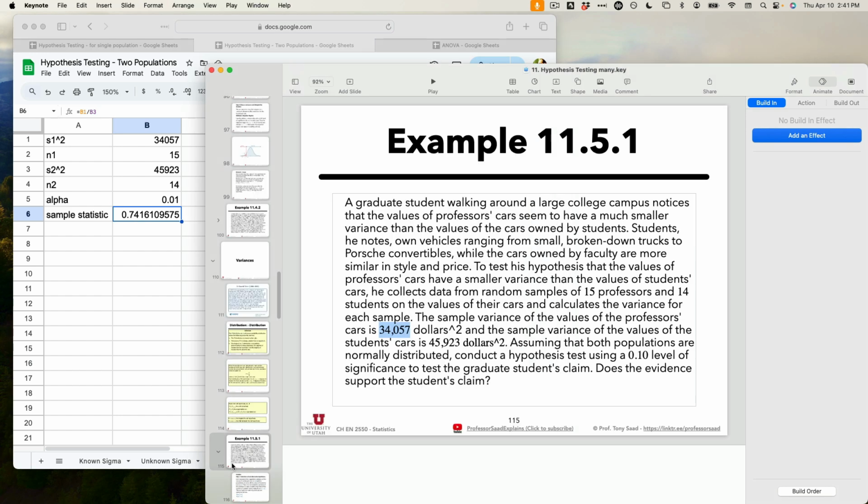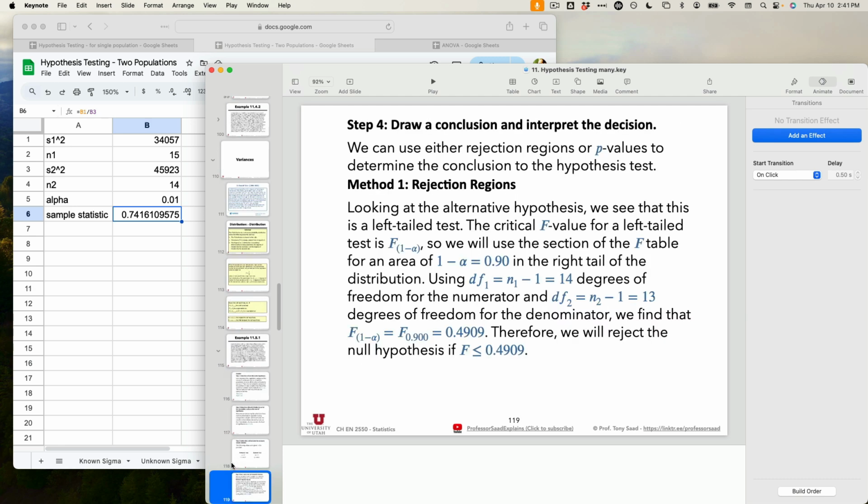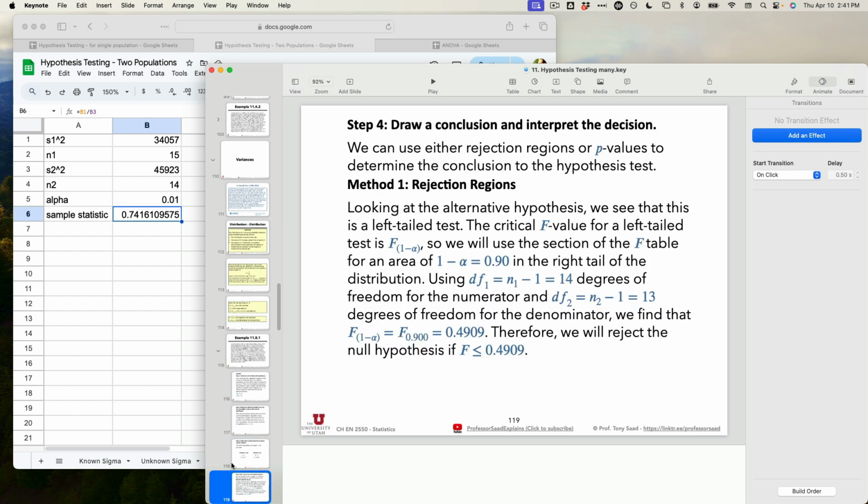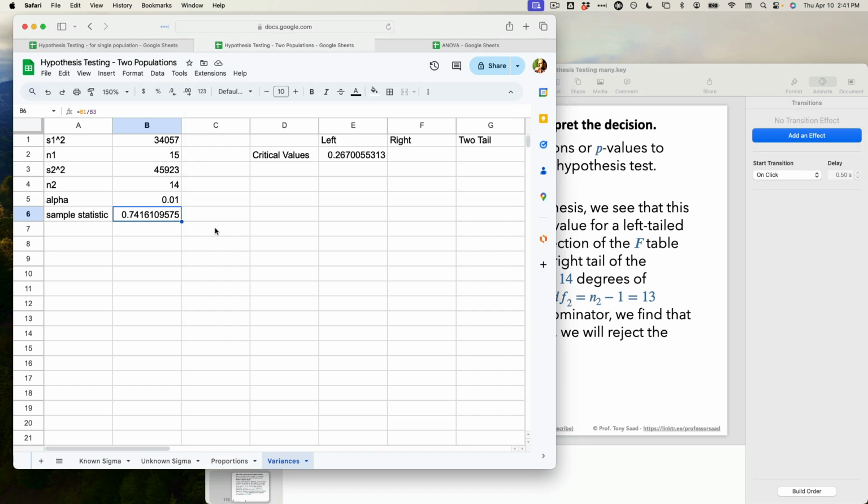let me just check I got my numbers correct here. Okay. Oops, I didn't get my numbers correct here. 45,923. So my alpha. Yes, so it should be. Sorry, that's right. So this should be 1 minus alpha.